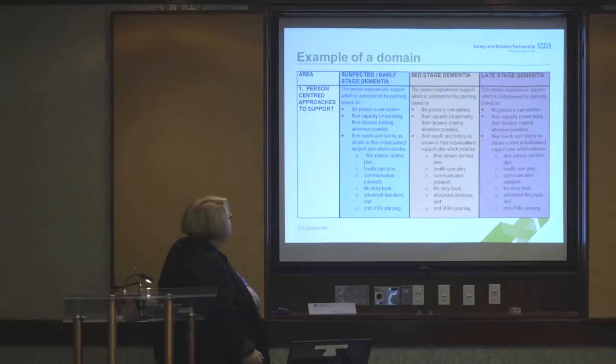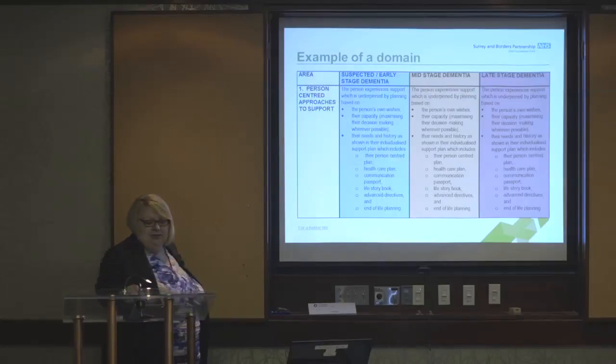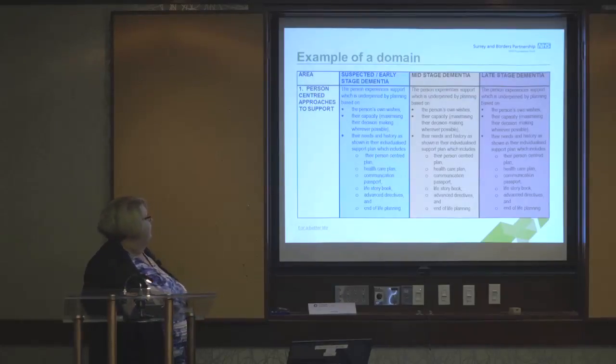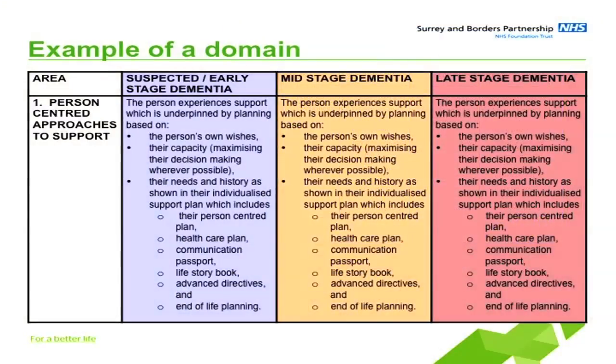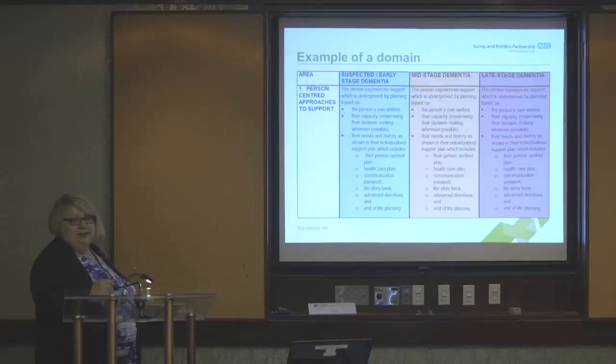So this one is domain 1. The area it's assessing is person-centered approaches to support. And what you can see is that for each of the 3 stages, the detail is exactly the same, because that doesn't change depending on the stage of dementia.